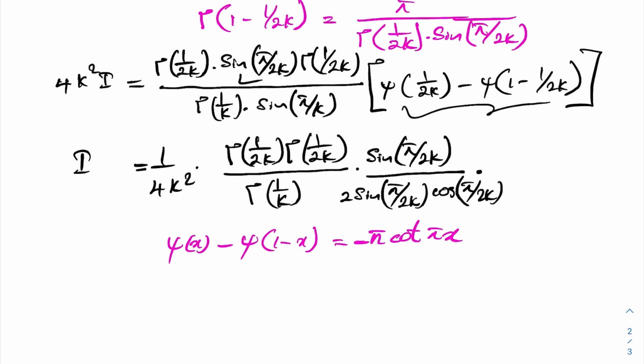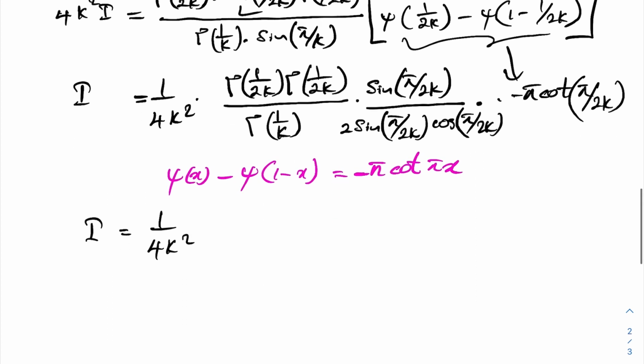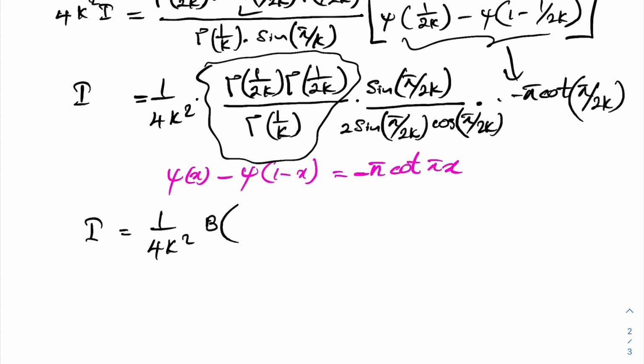So instead of this part, we know we have minus pi times cotangent of pi x. Now instead of x we have 1 over 2 times k, so pi over 2 times k. Okay, then we know I is equal to 1 over 4 times k square. Now here we know this is equal to the beta function, so we have beta of 1 over 2 times k comma 1 over 2 times k.